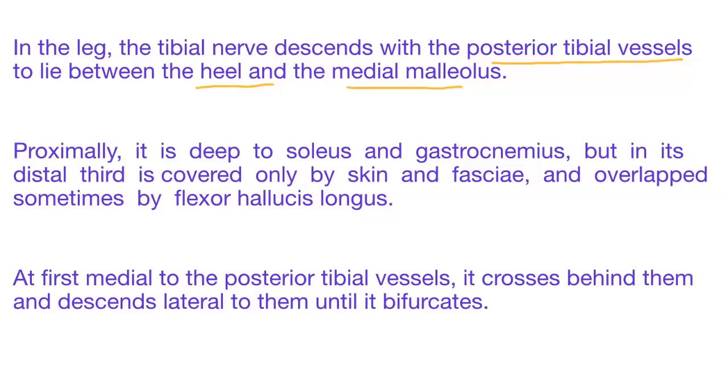So if you add this, this is how it is going between the medial malleolus and heel. Proximally, it is deep to the soleus and gastrocnemius, but in its distal third it is covered only by skin and fascia and overlapped sometimes by flexor hallucis longus muscle.